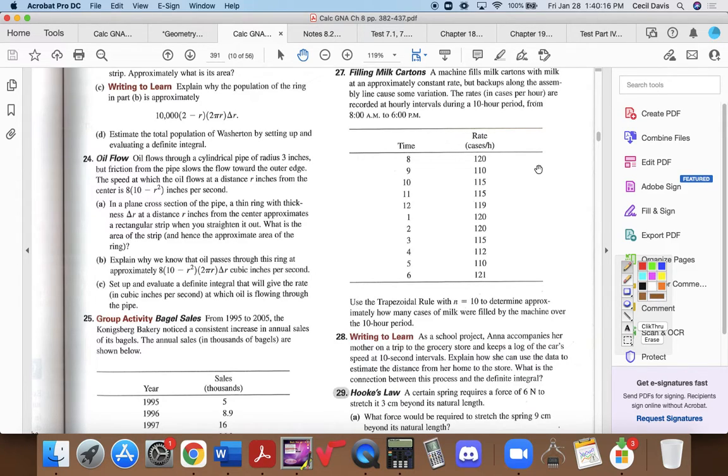All right, so that is a weird looking table. Oh, it's from 8 to 6. So every time interval is an hour, right? 8 to 9, 9 to 10, 10 to 11, 11 to 12, 12 to 1, and so on, right?